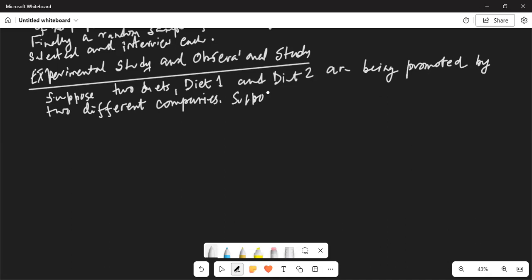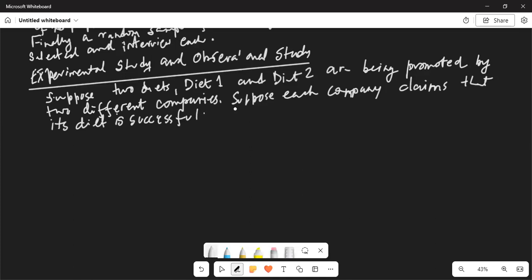Suppose each company claims that its diet is successful in reducing weight.